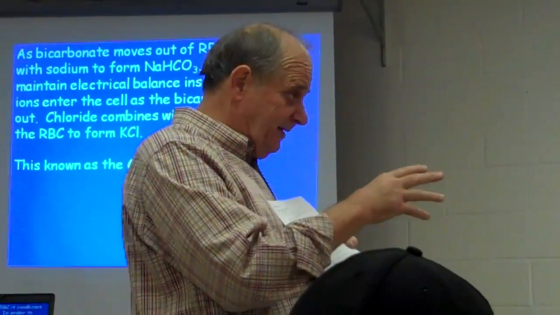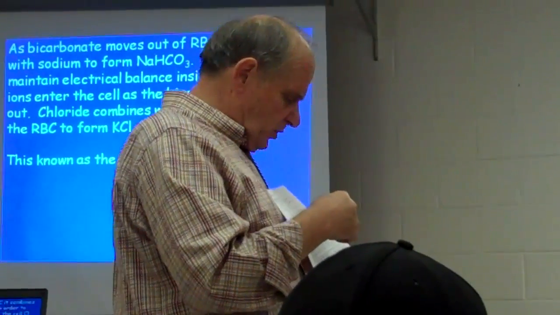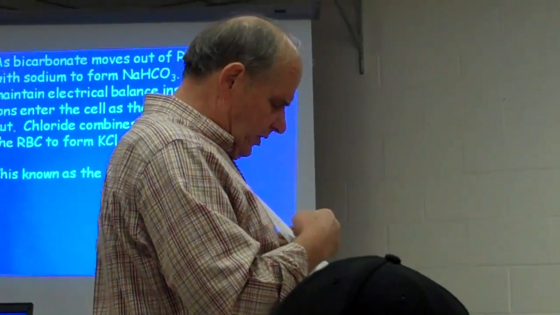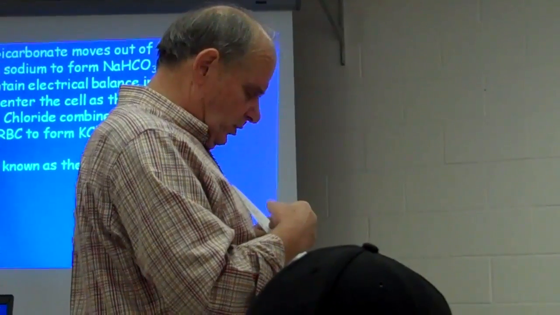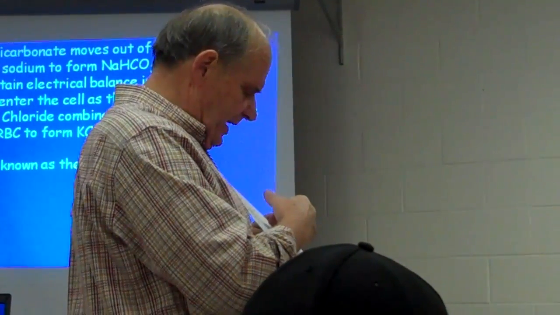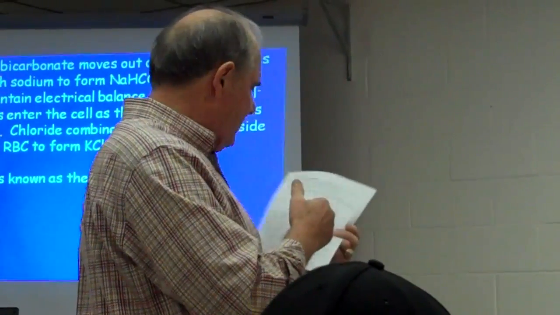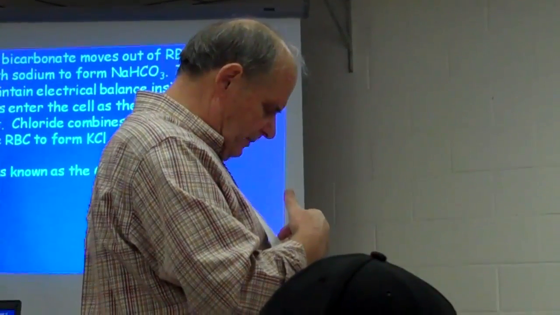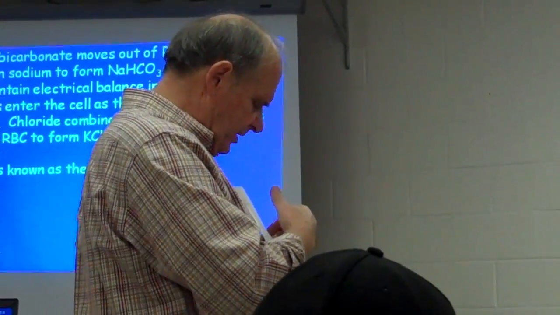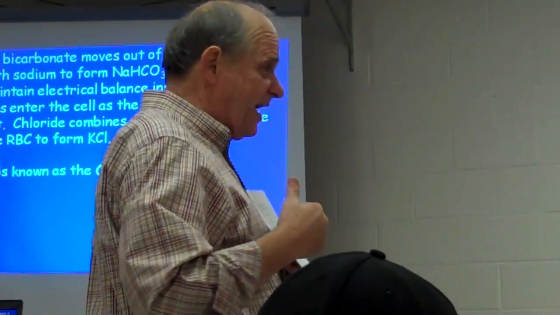Potassium, this is part of the makeup. And so the chloride shift is where the chloride, of course this is an ionic molecule, moves in as bicarbonate moves out. The chloride moves in, combines with the potassium as bicarbonate moves out.